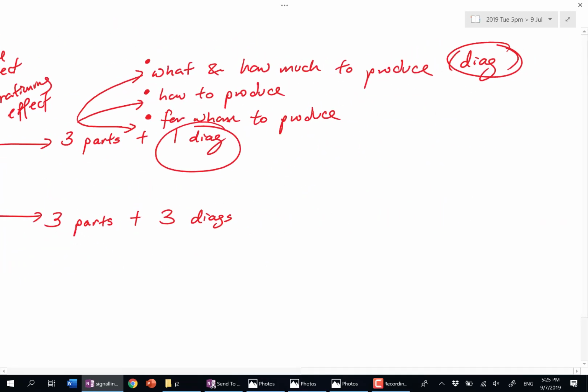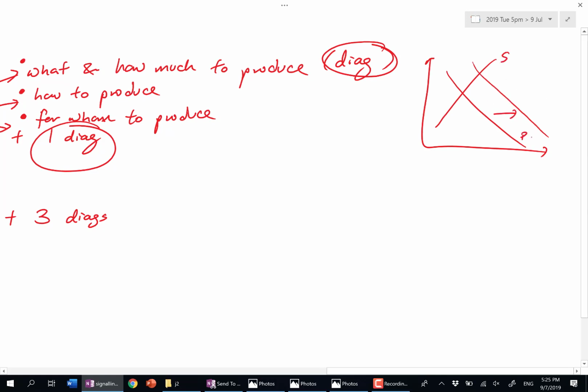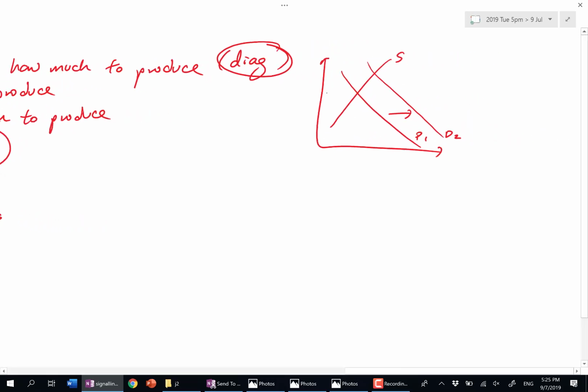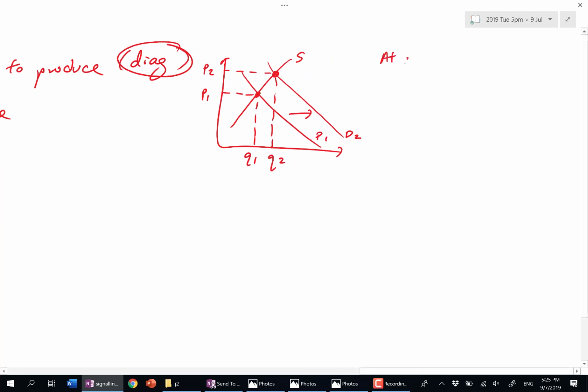So when you explain what and how much to produce, usually you will draw a diagram to show, let's say you have a shortage. Demand and supply diagram. Then from here, we're going to say at original price P1, now we see a shortage.